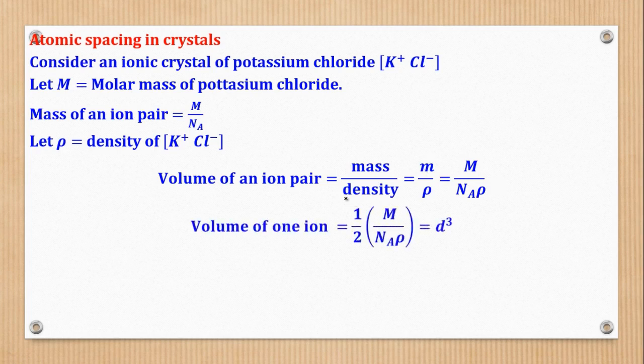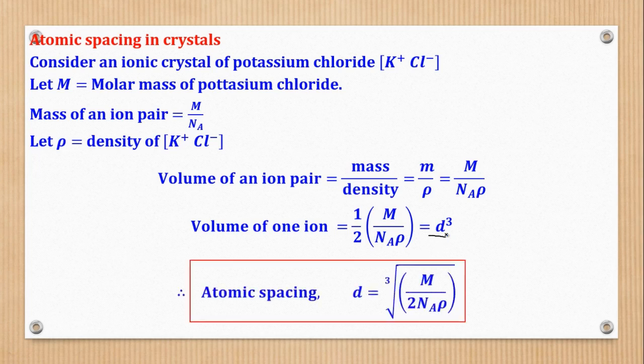So that was an ion pair. What about one ion? One ion will be half of this. That's why you see a half outside and half of that, to be equal to d cubed, because d will be the atomic spacing.